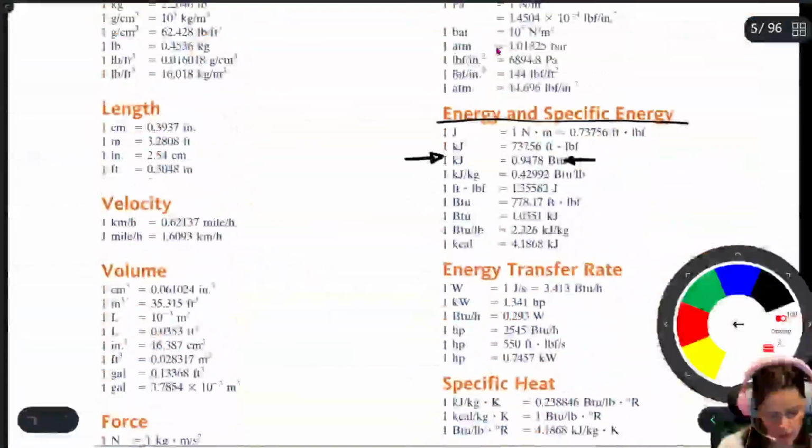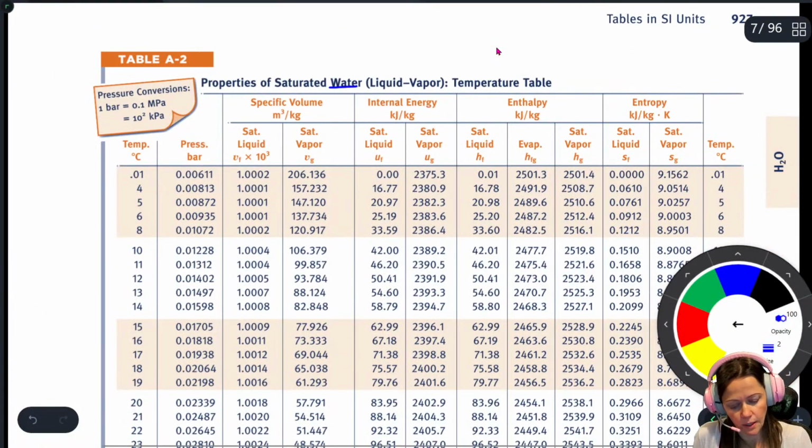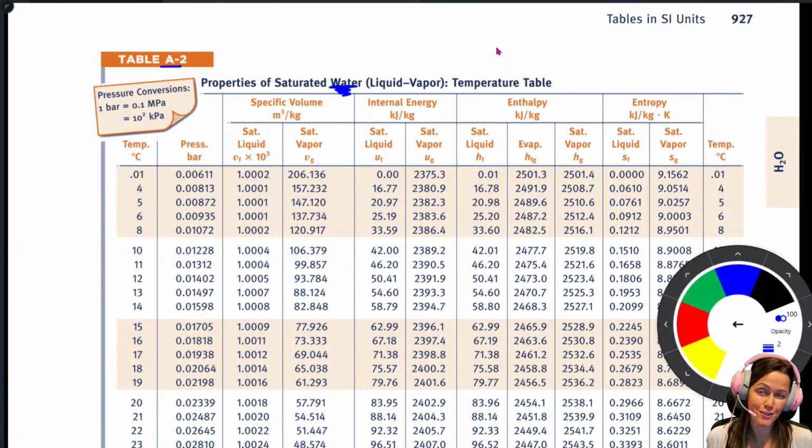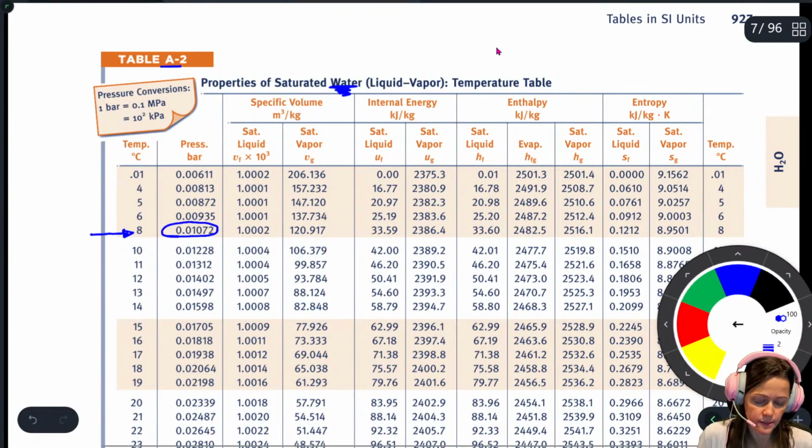So here we are. This is table A2, and this is for water. If you're looking at another substance, you'll have to look up the thermodynamic tables for that particular substance. This is just for water. So what we're saying is at 8 degrees Celsius, for example, this pressure right here, 0.01072 bar, is the only possible pressure at which water could boil.